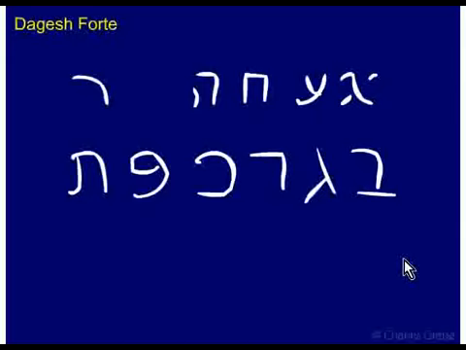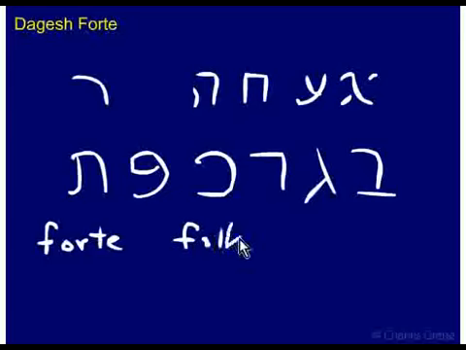Well, the rule is that a Dagesh Forte can follow a full vowel. In fact, it does follow a full vowel. So Dagesh Forte follows a full vowel.